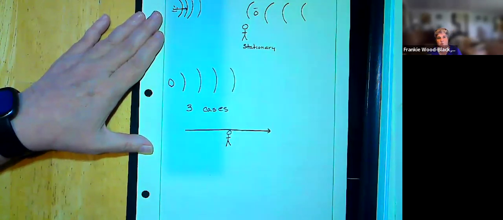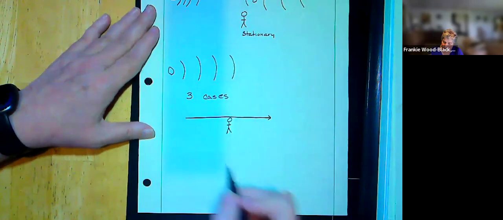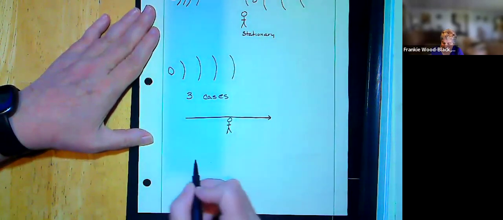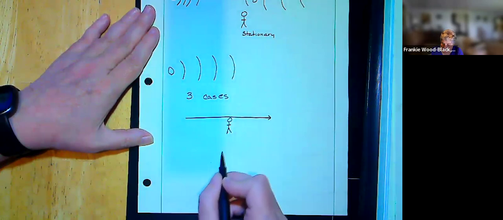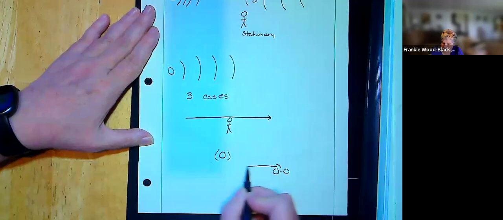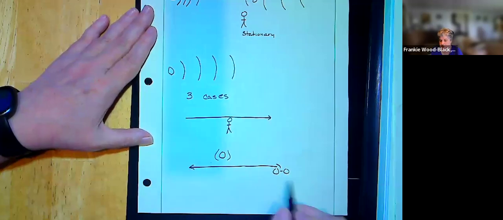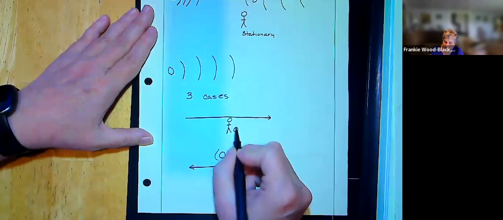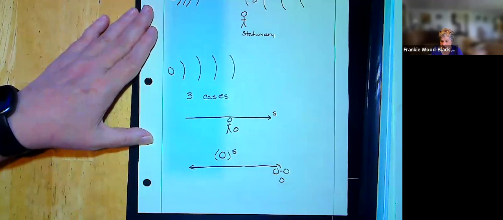Or I have a stationary source and a person on a bicycle coming through and moving. So this is the observer, this is the source, this is the observer, and this is the source.